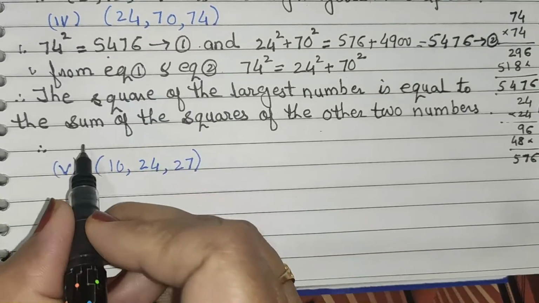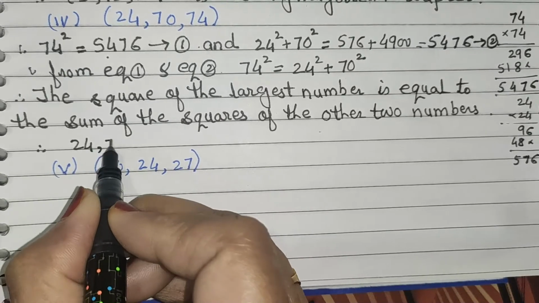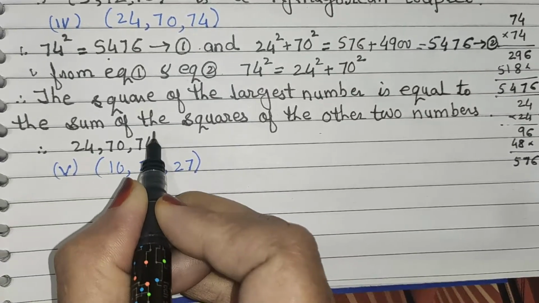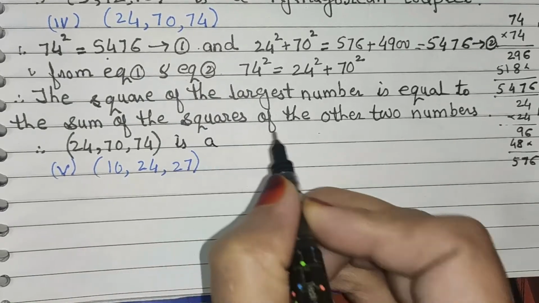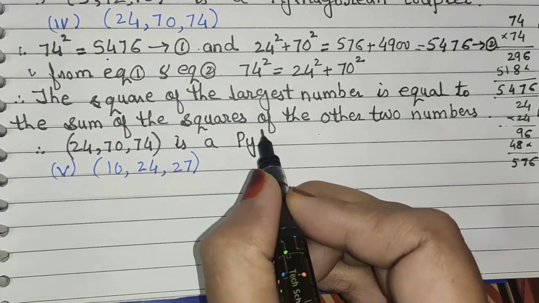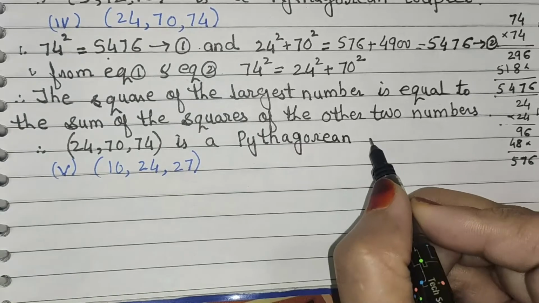Therefore, 24, 70, 74 is a Pythagorean triplet.